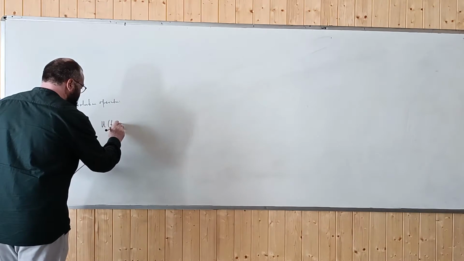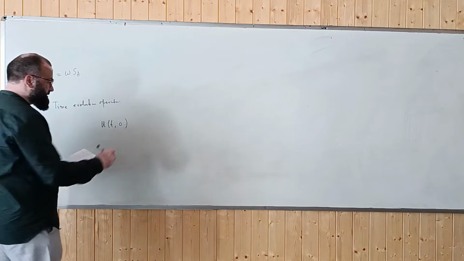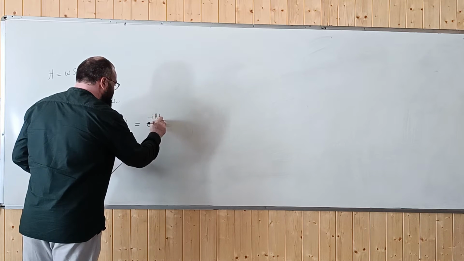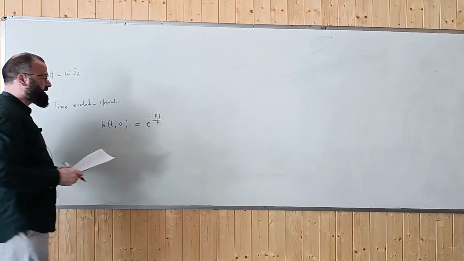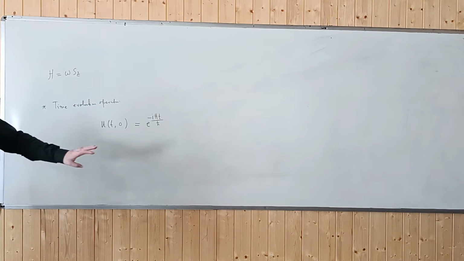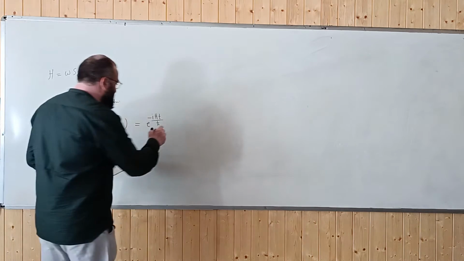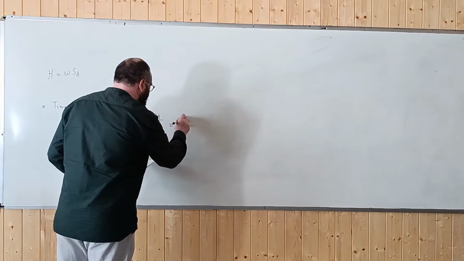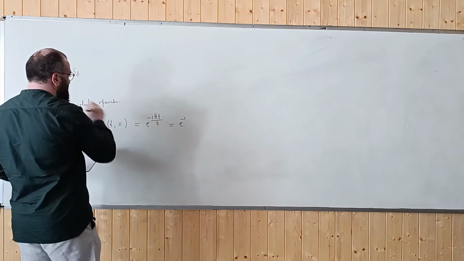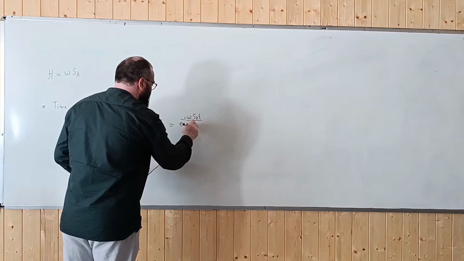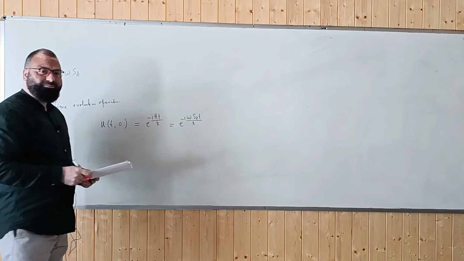You start from some initial time to some t. If our Hamiltonian is independent of time, it is written like this. This is our time evolution operator. Clear? Now I can write this as e raised to the power minus i omega S_z t by h bar.